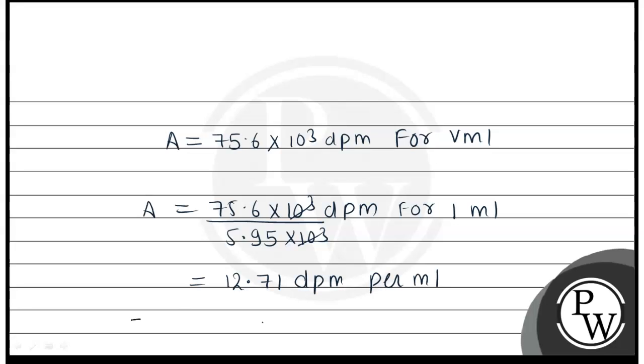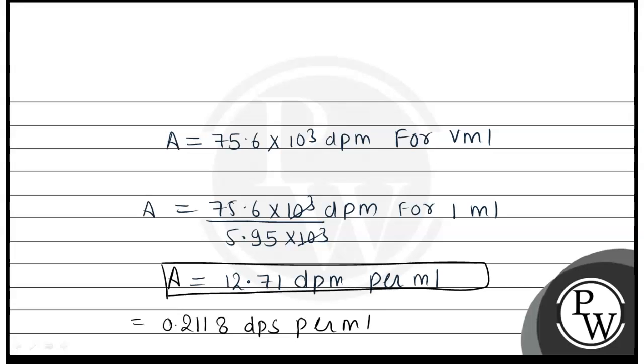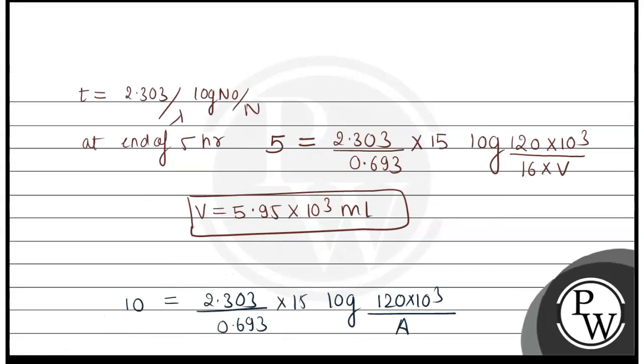To calculate it in dps, we divide by 60 and we get 0.2118 dps per ml. So our answer of the second part is 12.71 dpm per ml and also 0.2118 dps per ml, and the answer of the first part is 5.95 × 10^3 ml.